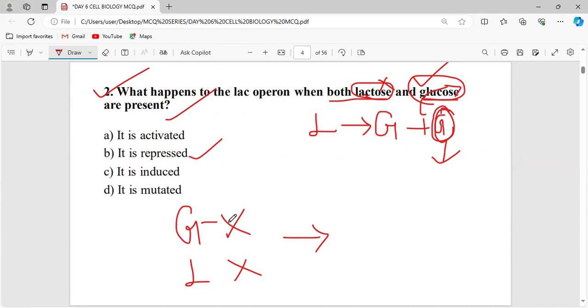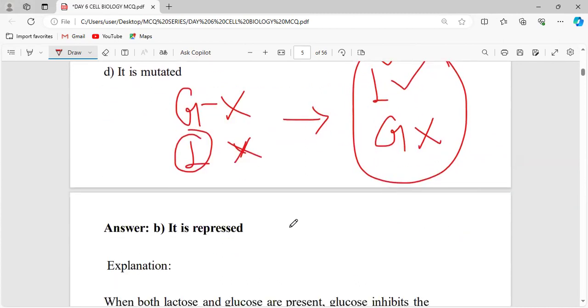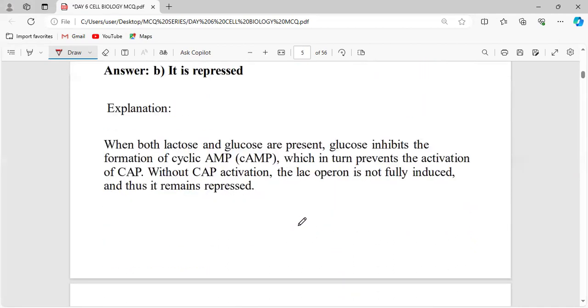Why? Because lactose is not present. If the lactose is present and the glucose is absent, only then will the lac operon start to occur. Okay, now it will be repressed. We know that.